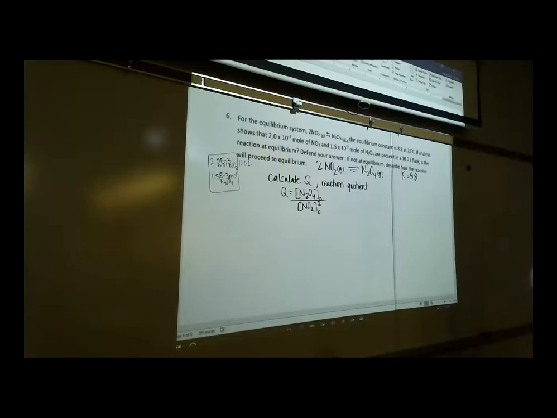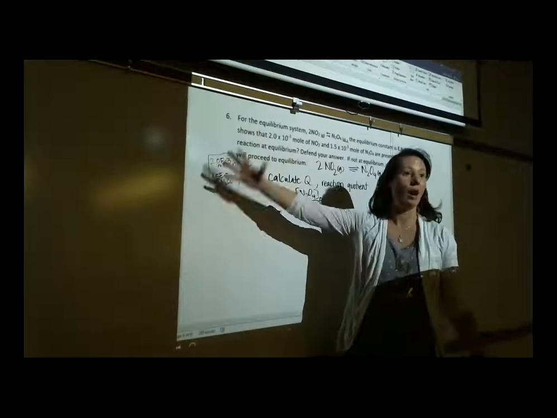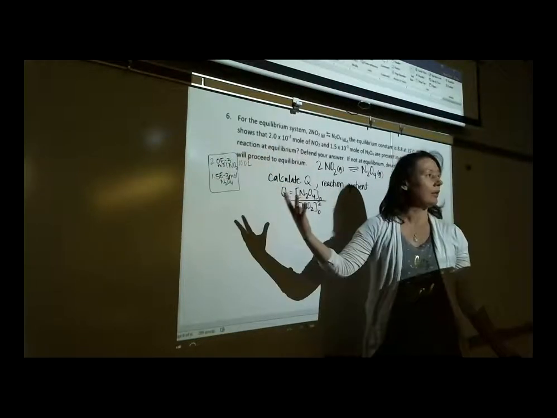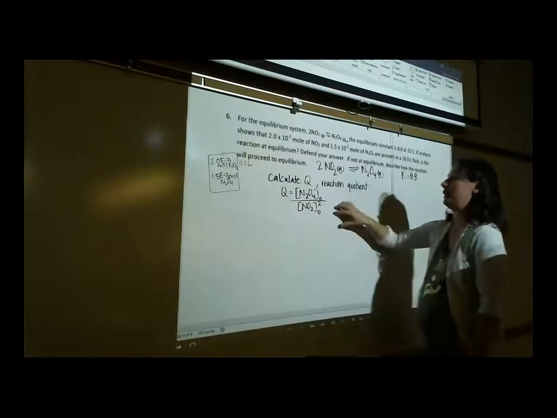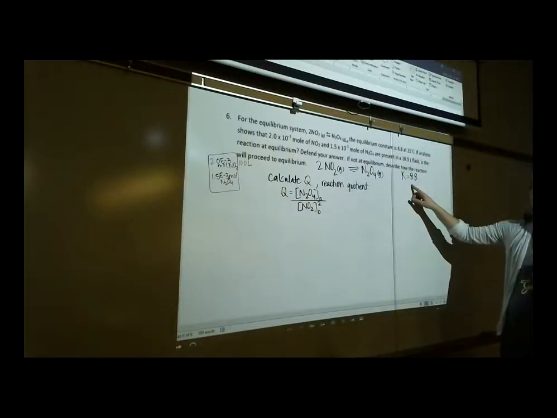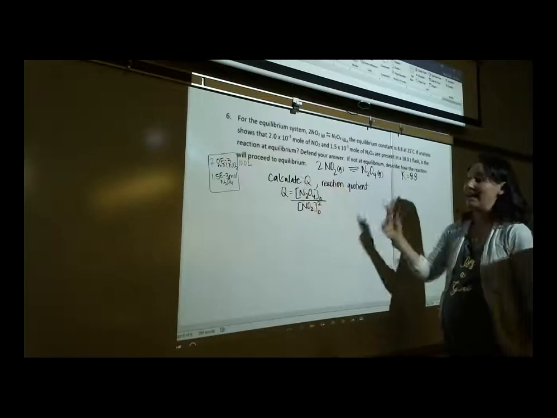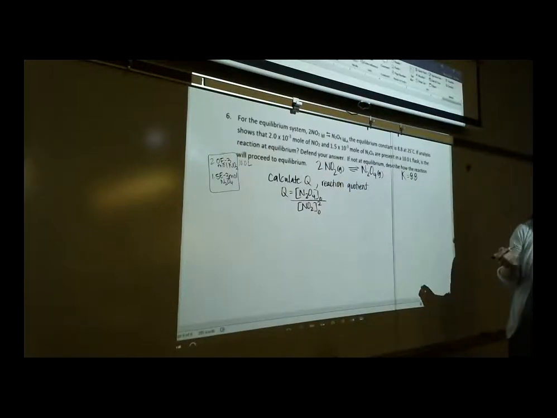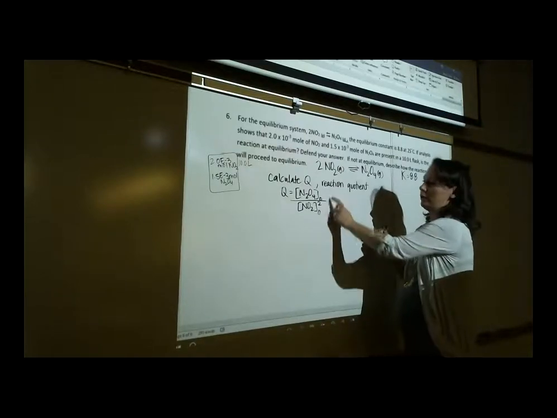Do you see why we have to calculate Q? Because I've given you these conditions and I said, are you at equilibrium? There's only one way to know if I'm at equilibrium, and that's by calculating Q and comparing it to K. And I even said, if not at equilibrium, describe how it will proceed to get to equilibrium. So we have to calculate Q, which means I need to know my initial concentrations.